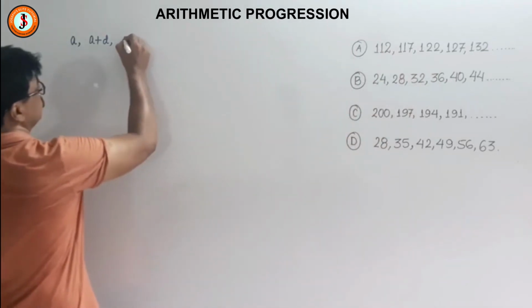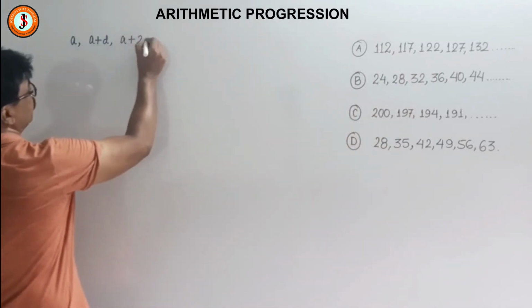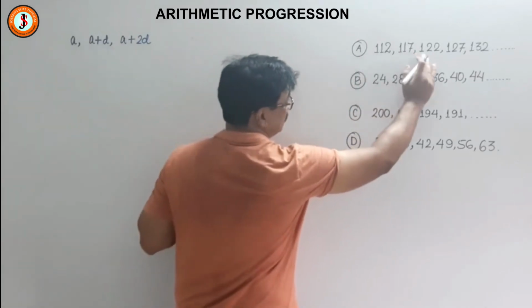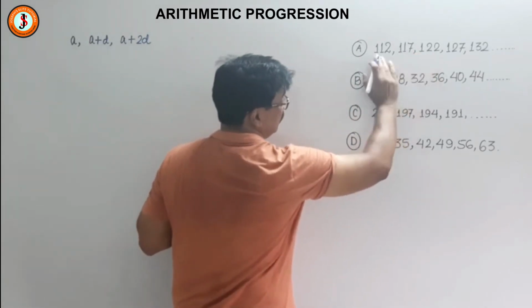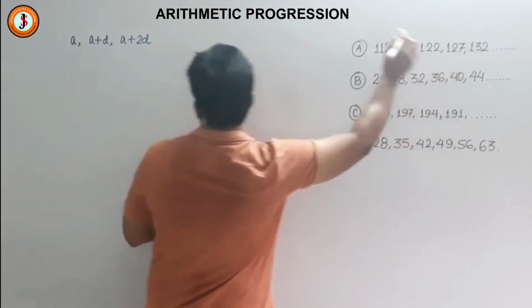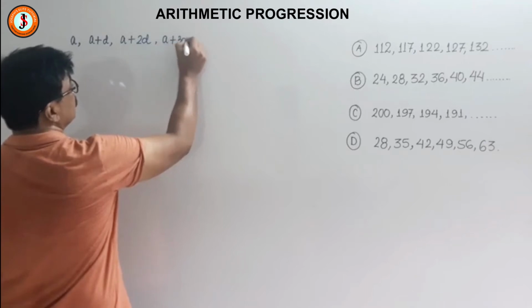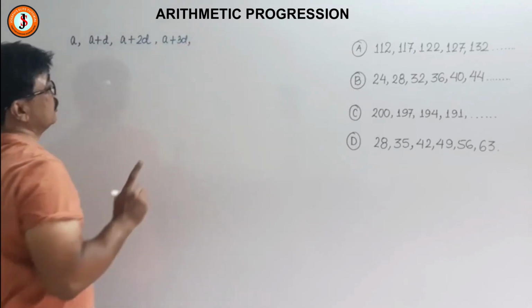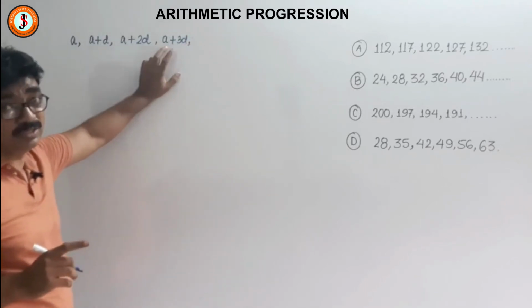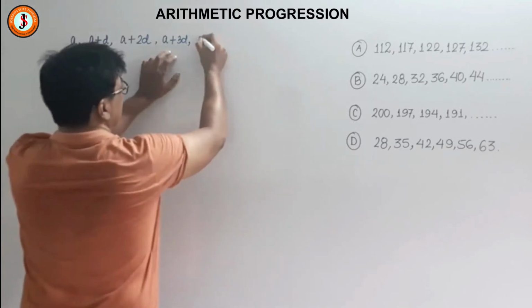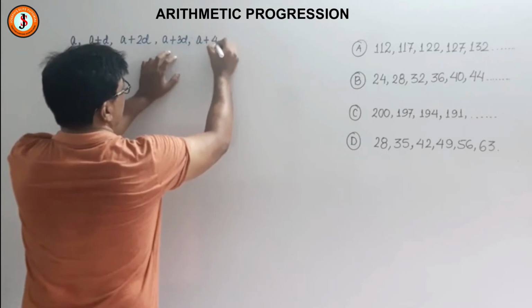So A plus 2D. That is 112 plus twice D, 2 into 5, 10. The fourth term will be A plus 3D, because it has 3 times D, and A is already existing. The fifth term will be A plus 4D.